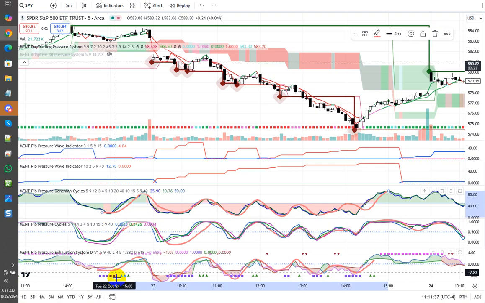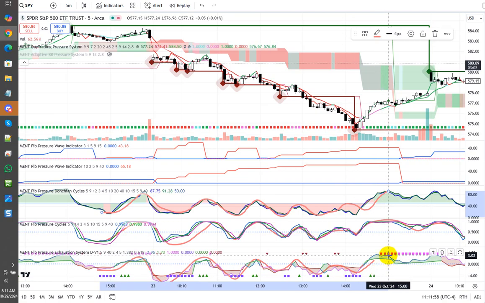So we would start looking for exhaustion triggers, which come in here. These purple blocks are exhaustion blocks, called rapid fire long triggers. Then we get exhaustion blocks up here in pink. You'll see them just like over here. These are rapid fire short triggers, exhaustion short triggers, rapid fire long triggers, exhaustion long triggers.